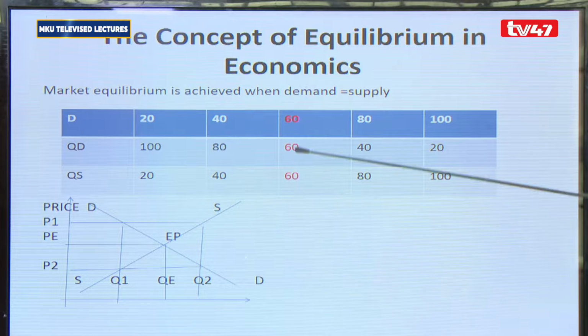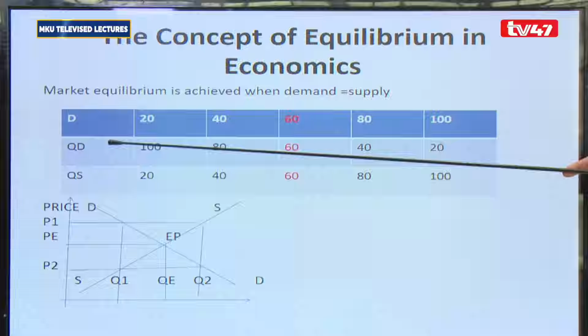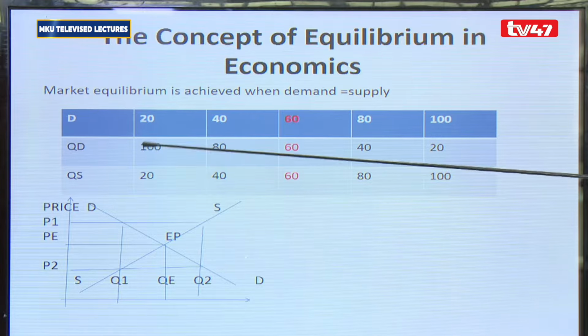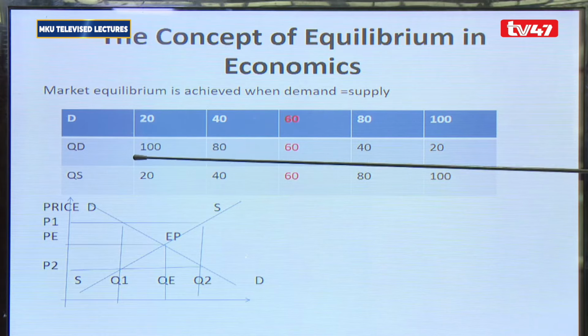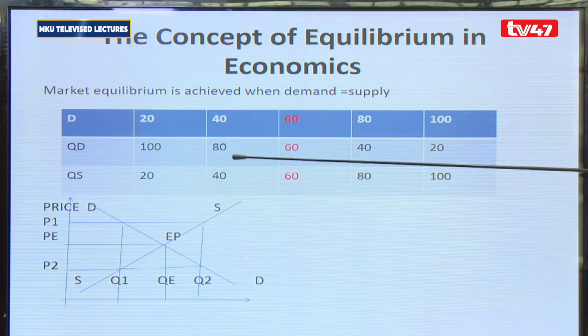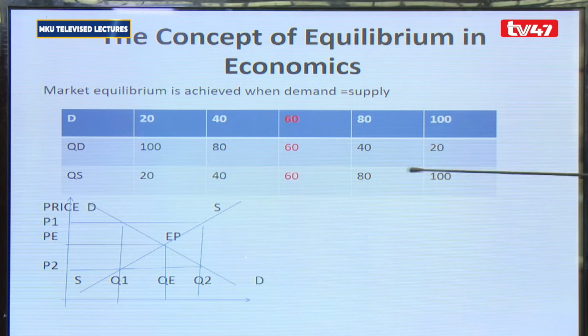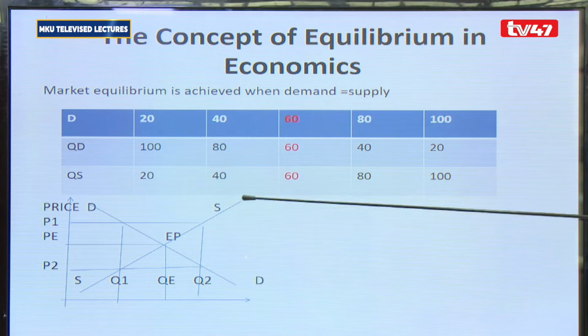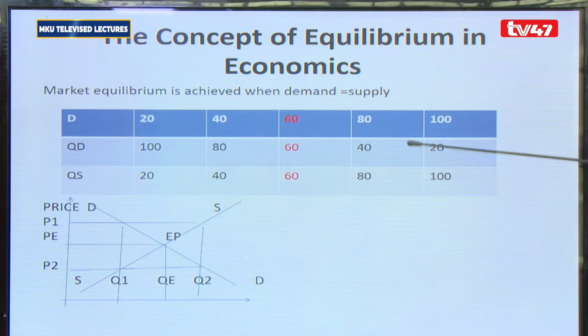When we look at this equilibrium status, let's go back to our price here. The price moved from 20 to 40 to 60 to 80 and to 100. At those different price levels, the quantities demanded were 100, 80, 60, 40, and 20, and the quantities supplied at those different levels are 20, 40, 60, 80, and 100.